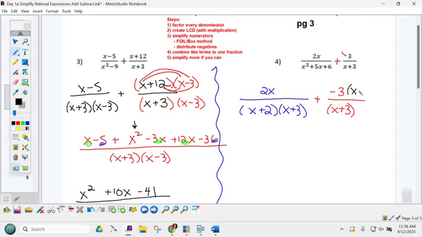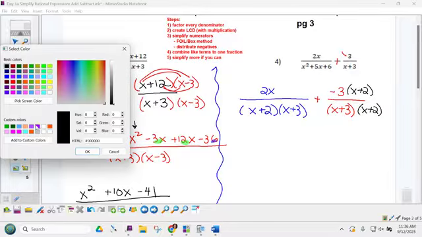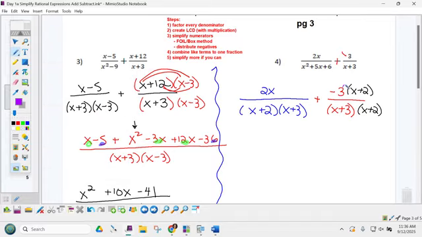Because now when I create my common denominator, when we simplify here and distribute, the negative is going to go to all the parts that it has to. That subtraction has to go to everything after on this right-hand fraction. So by making it adding a negative, I get minus 3x minus 6.